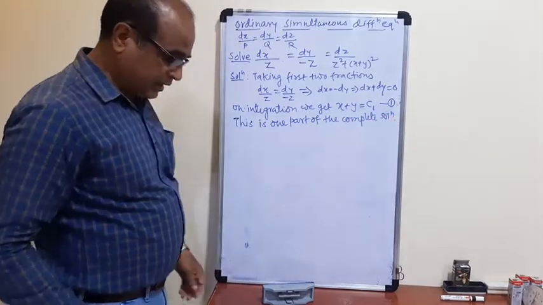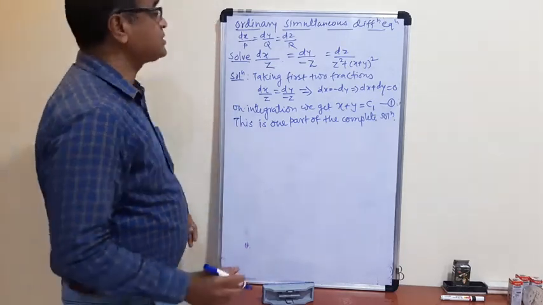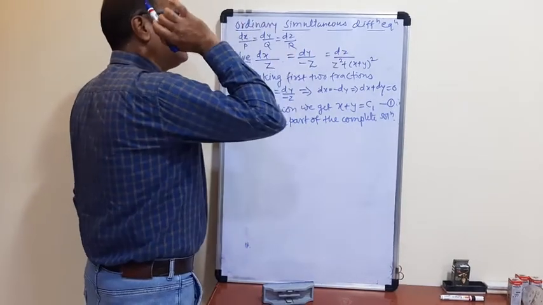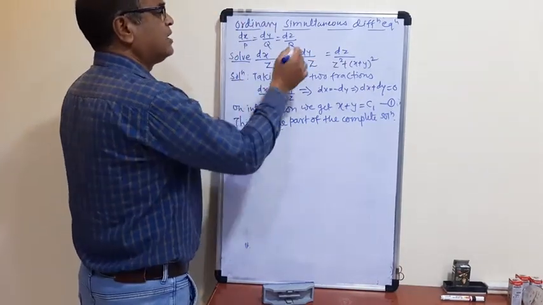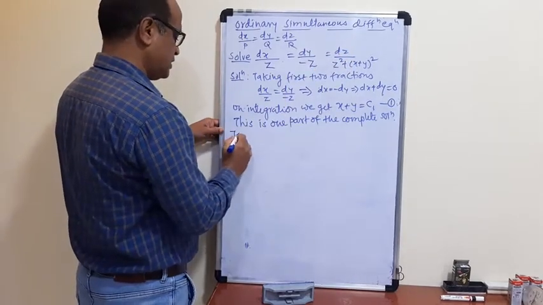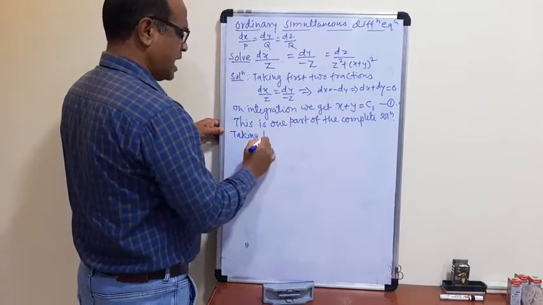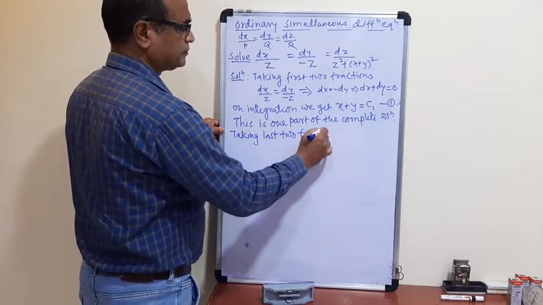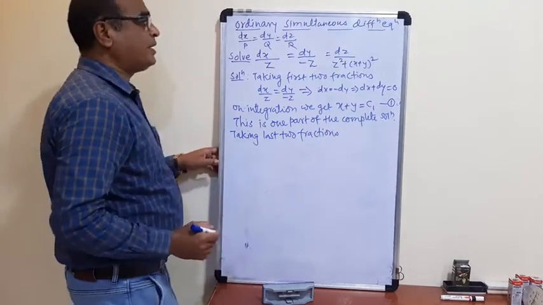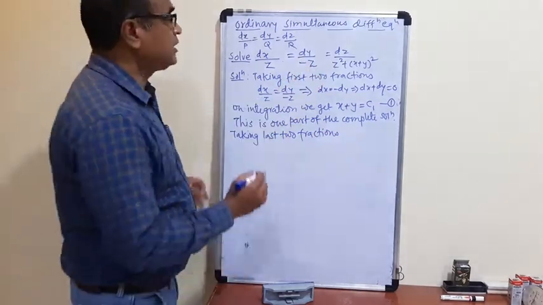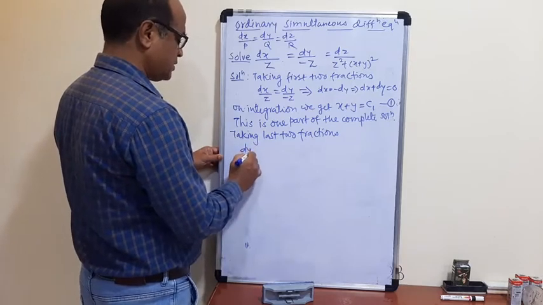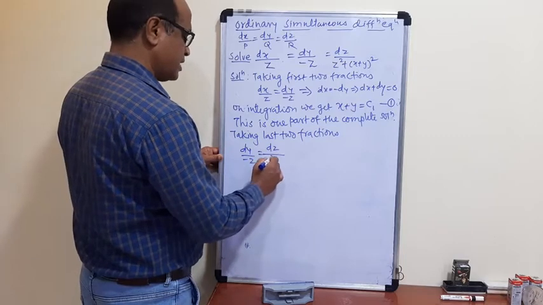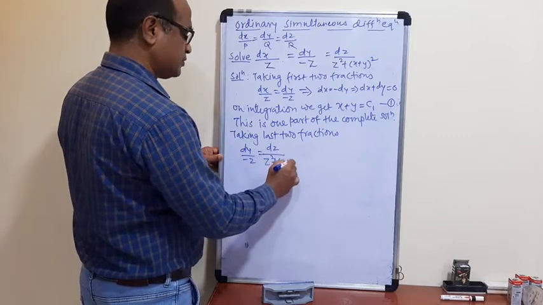So now we take another two fractions. So if we take this fraction or this fraction, let's take the last two fractions. So the last two fractions are dy upon minus z is equal to dz upon z square plus (x plus y) bracket square.